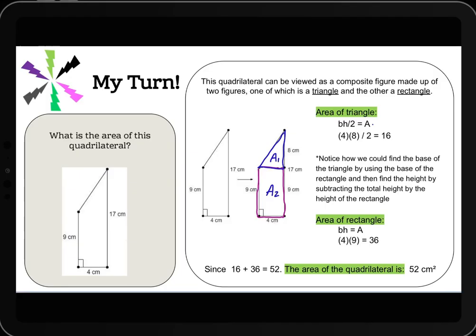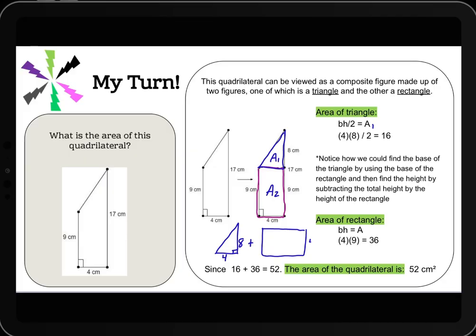Sometimes I like to refer to it as area 1 and area 2. So area 1 is the triangle area, and if we break it up into the two pieces, I'll just place them over the actual areas that they are. We have a 4 centimeter base and an 8 centimeter height, and you're adding that to a rectangle that just so happens to be a 4 by 9, right?